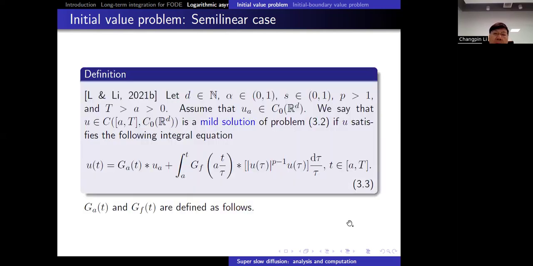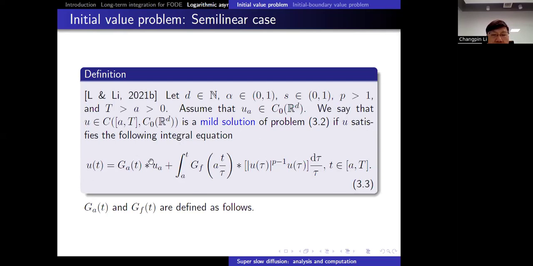We can define the mild solution for the blow-up problem. This is the domain dimension, the time fractional derivative order alpha, the index of the fractional function, and this is the power p and the capital T. If u is in this space, we say u is a mild solution if u satisfies the following integral equation.